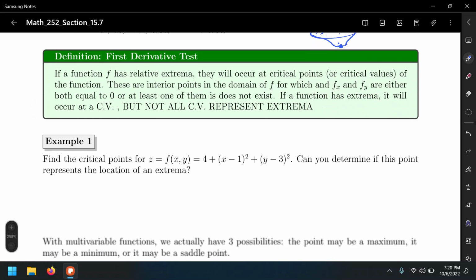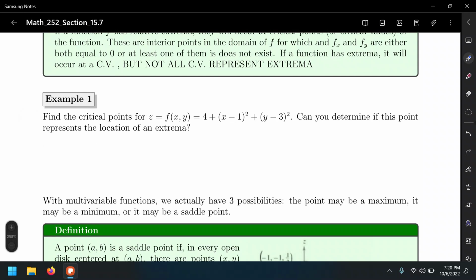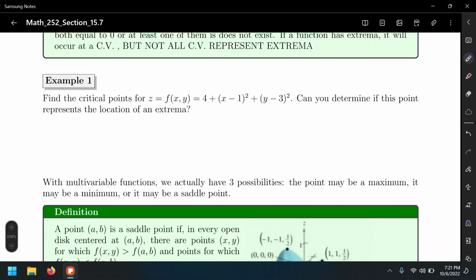All right, so let's find the critical points for the function f of x, y equals 4 plus (x minus 1) squared plus (y minus 3) squared. So we're going to take the partial derivatives. Back in Calc 1 we took the first derivative.